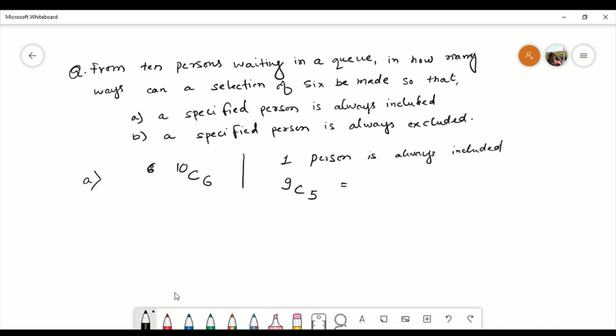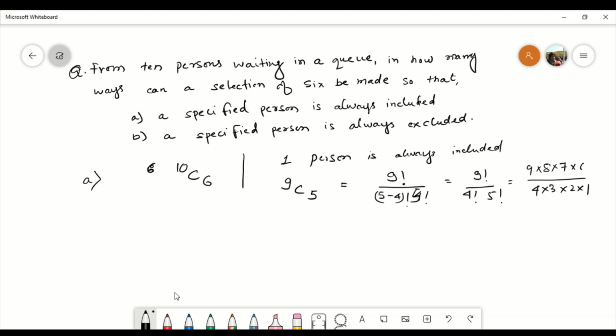Which is nothing but 9 factorial by 5 minus 4 factorial into 4 factorial, which is 9 factorial by 4 factorial into 5 factorial. So 9 factorial by 5 factorial is 9 into 8 into 7 into 6, divided by 4 into 3 into 2 into 1.